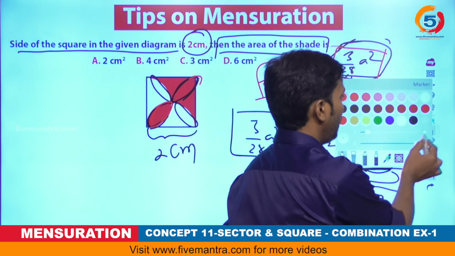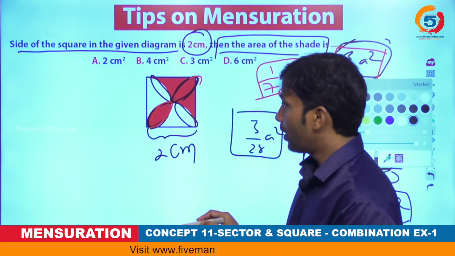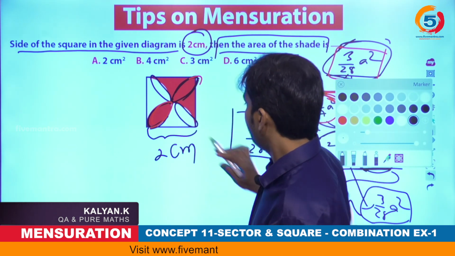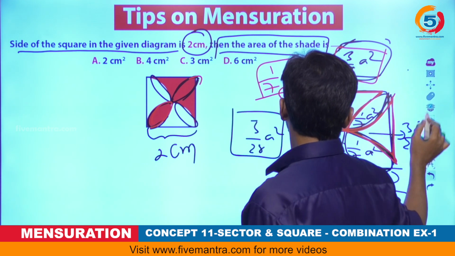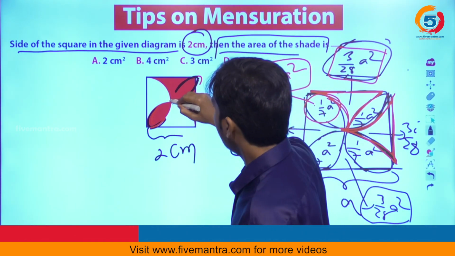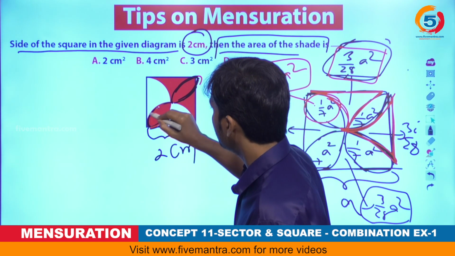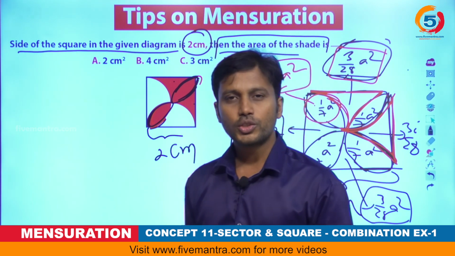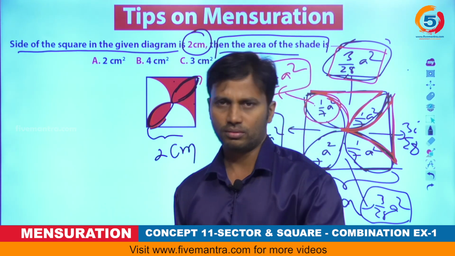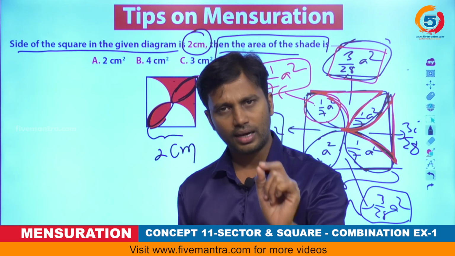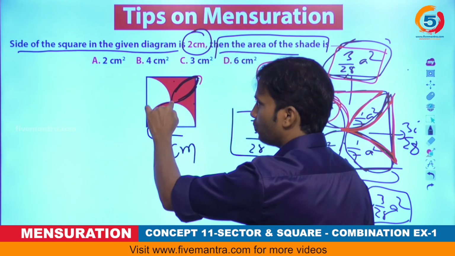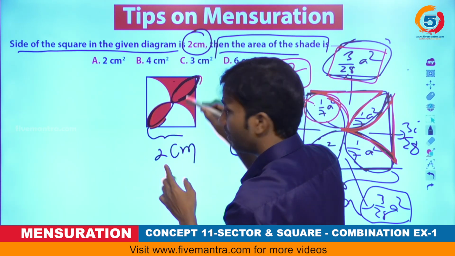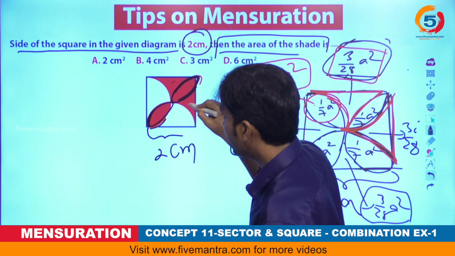If you had successfully drawn all the semicircles, then in this area one more petal and two gaps will come, or not. So what is the resulting area they are asking for? If you have drawn four semicircles, here there should be one more petal, and how many gaps are there?